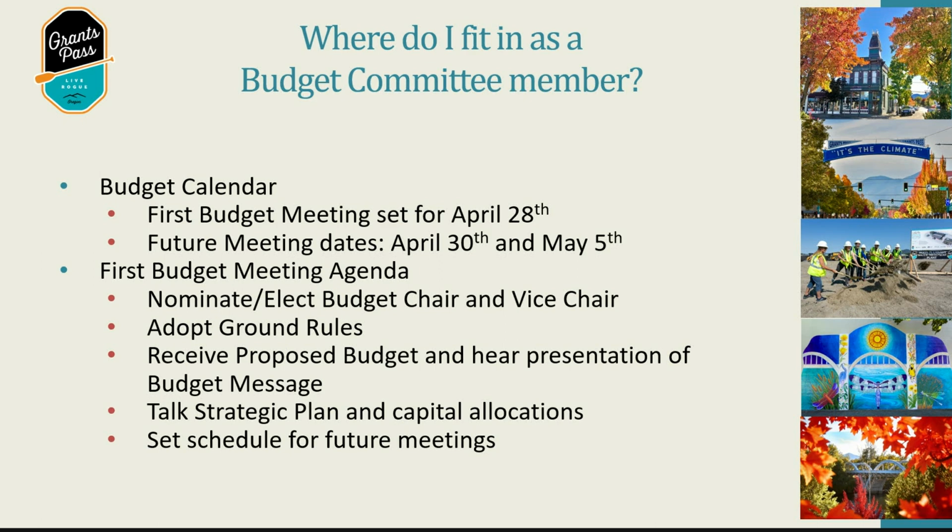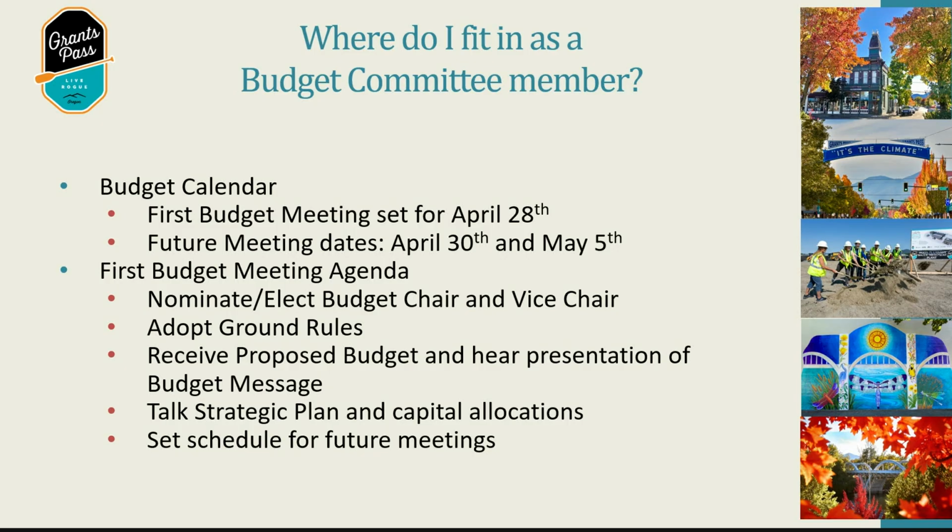During the first budget meeting, a few things will happen. We're going to nominate and elect a budget chair and a vice chair. Those are the individuals that will be running the meeting, similar to what the mayor does for the city council meetings. You will have a chair and a vice chair, which will help facilitate the discussion throughout the budget process. You'll adopt ground rules, so we all have an understanding of how we are going to be operating through the budget process.